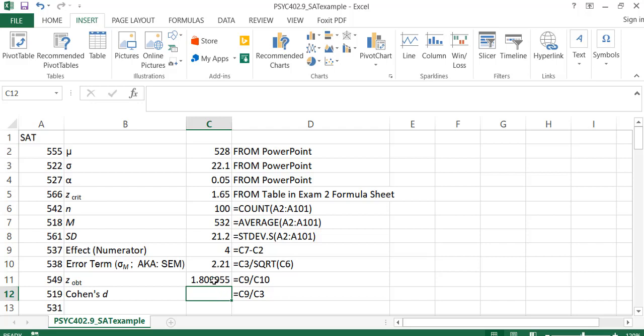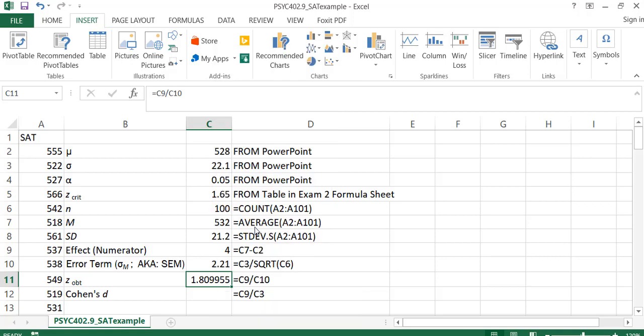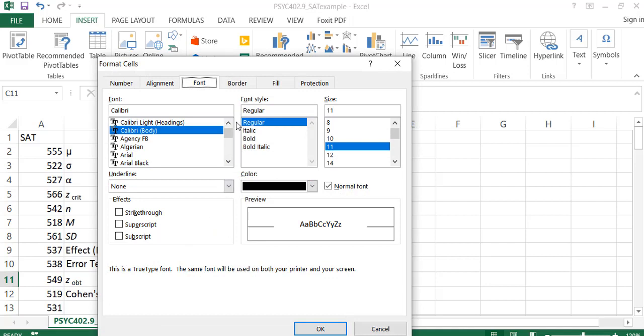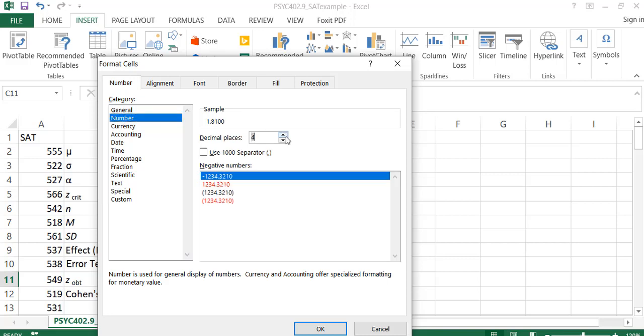1.809955. Now if I wanted to round that to 2 decimal places, I can go in, right click, go to Format Cells, and I can specify under number that I want this to be a number, and I can specify 2 decimal places, I can specify 4 decimal places.